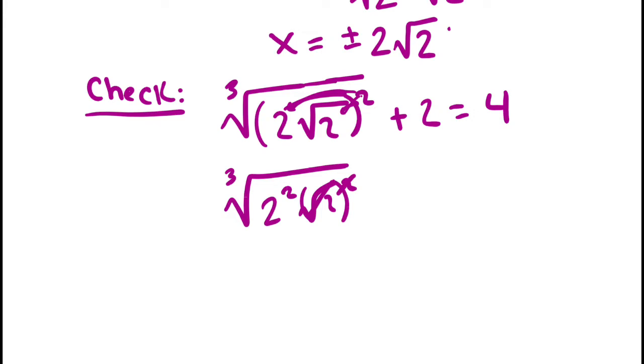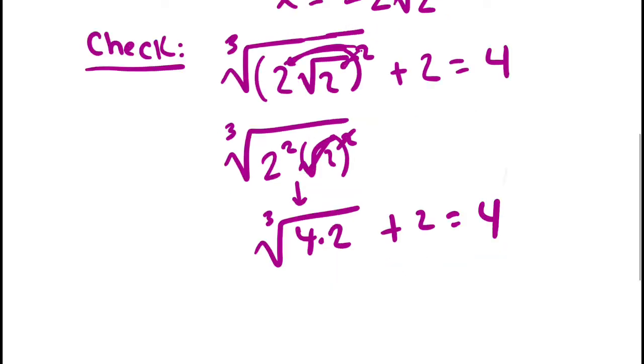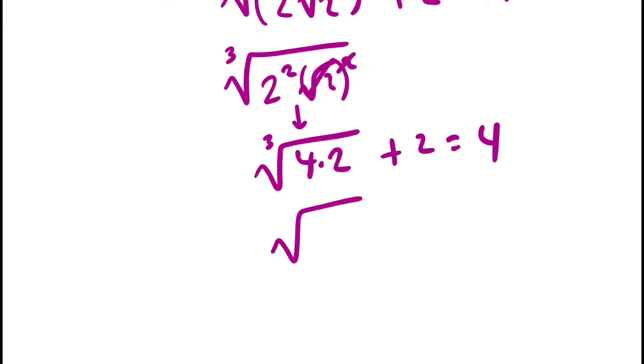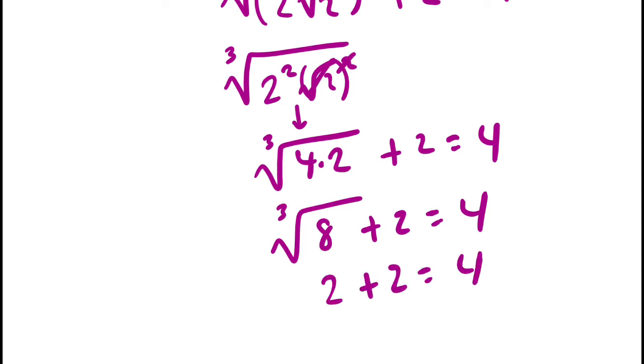So I have here the cube root of 4 times 2 plus 2 equals 4. So then the cube root of 8 plus 2 equals 4. The cube root of 8 is 2, so we get 2 plus 2 equals 4. So 4 equals 4. This checks out.